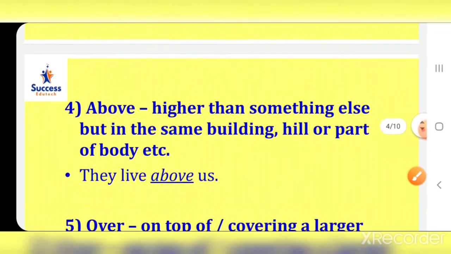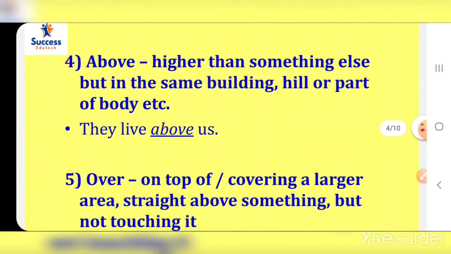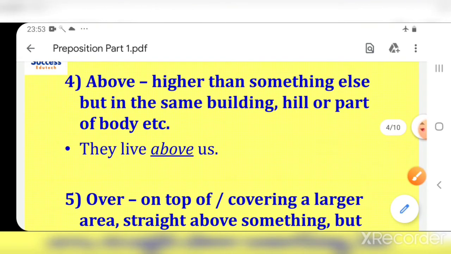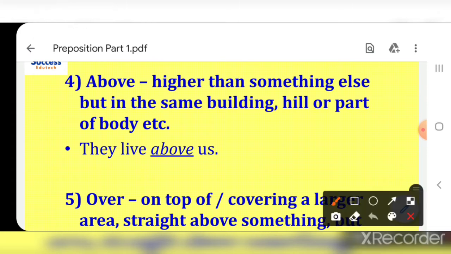Now the fourth one again has the same meaning as on, that is above. Here it means higher than something else. All these, on, upon, onto, above, and over, all have the same meaning of higher than something else.